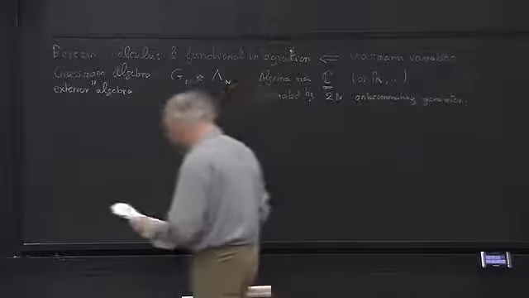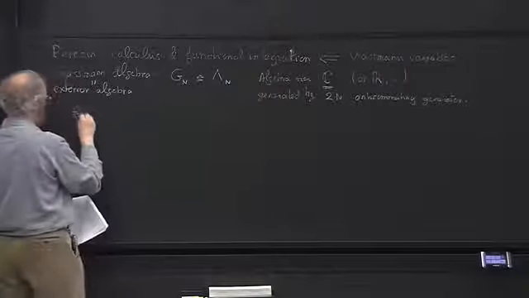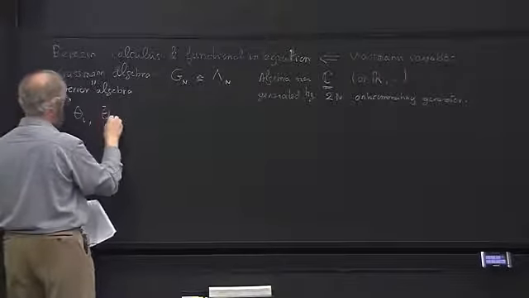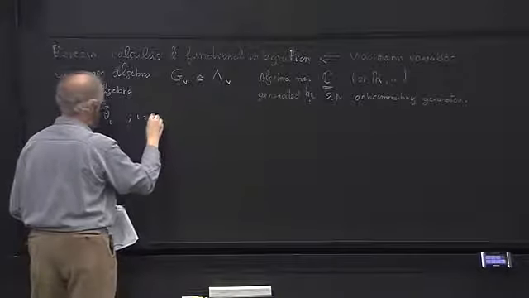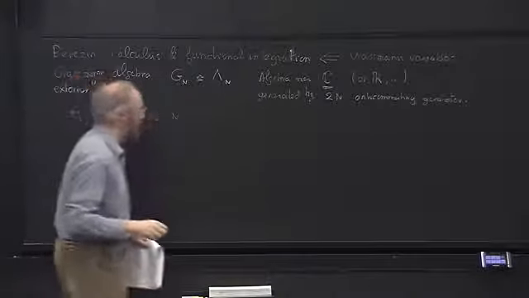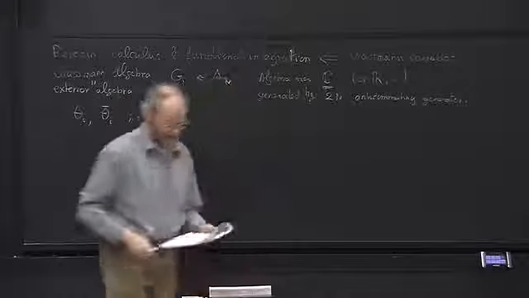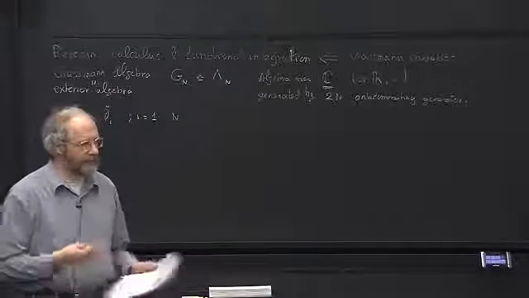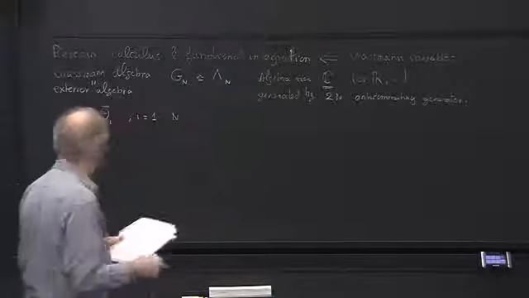So let me call them theta i and theta bar i, i equal 1 to n. At the moment those are just mathematical objects.